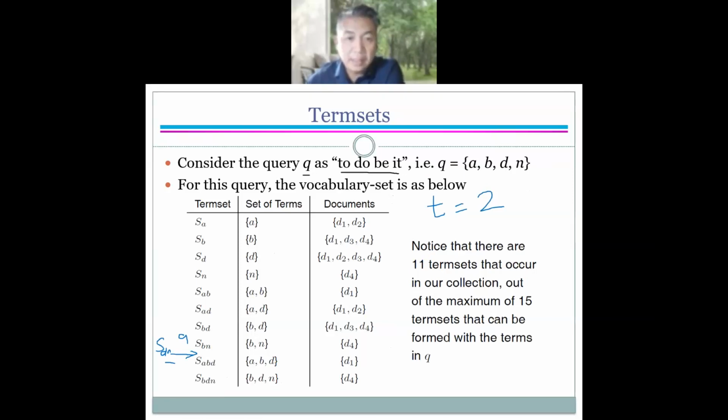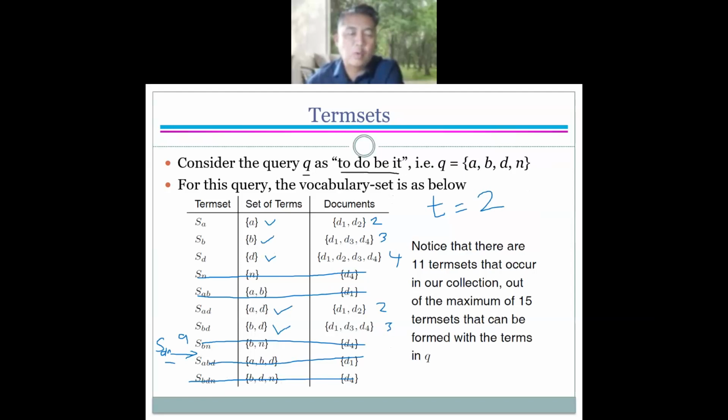That means this one will not be a frequent term set, so it can be ignored. We only consider the set of terms that exist 2 or more times. So this is 2, this is 3, this is 4, 2 and 3. So we only consider A, B, D, AD and BD as frequent term sets.